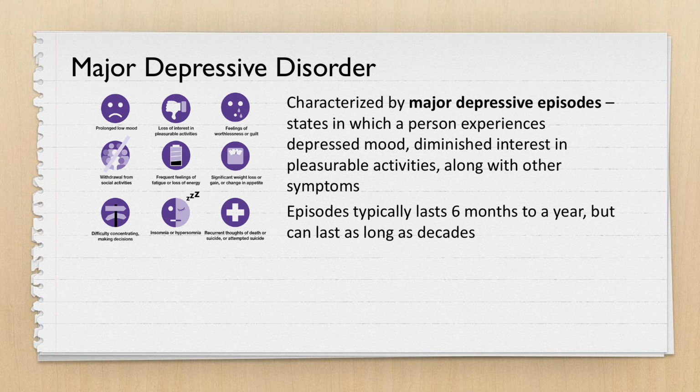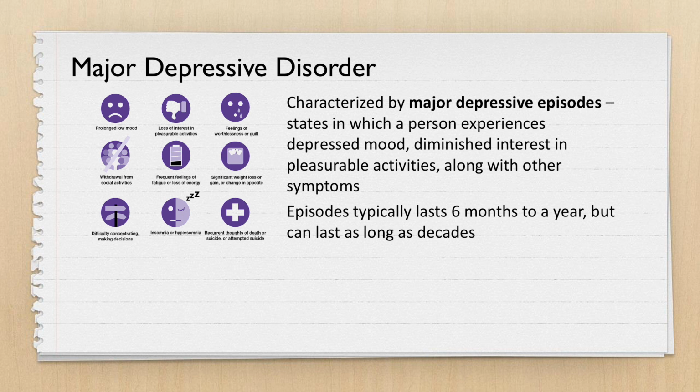Let's first talk about major depressive disorder. As I said, it's the most common of mood disorders. It can develop either gradually or suddenly. Major depressive disorder is characterized by major depressive episodes. These are states in which a person experiences depressed mood, diminished interest in pleasurable activities, along with other symptoms.